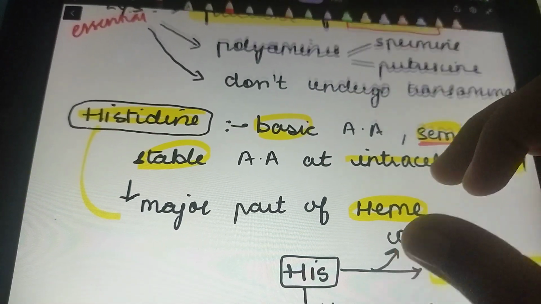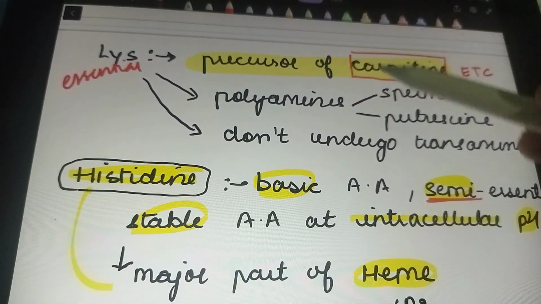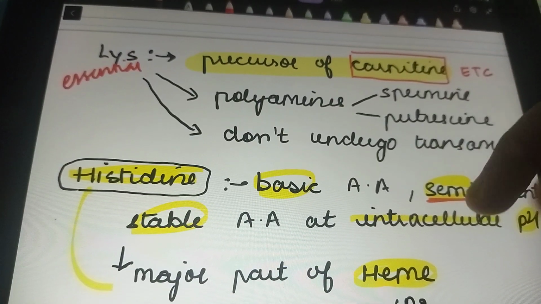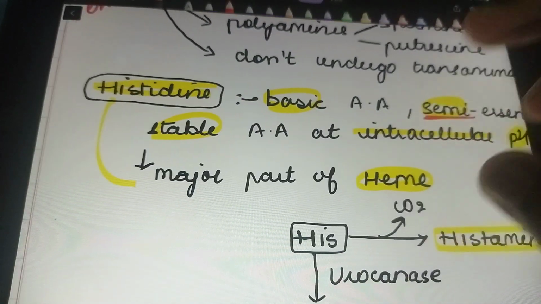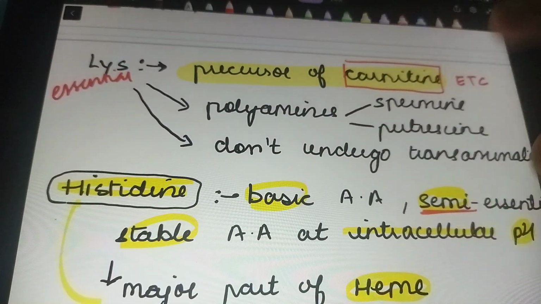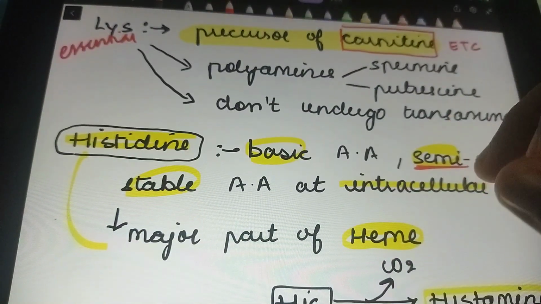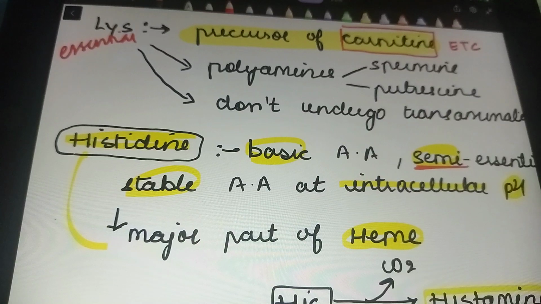Lysine won't undergo much transformation; basically, it's used for carnitine. Carnitine is a major part in the transport of fatty acids, mainly for beta oxidation of fatty acids.